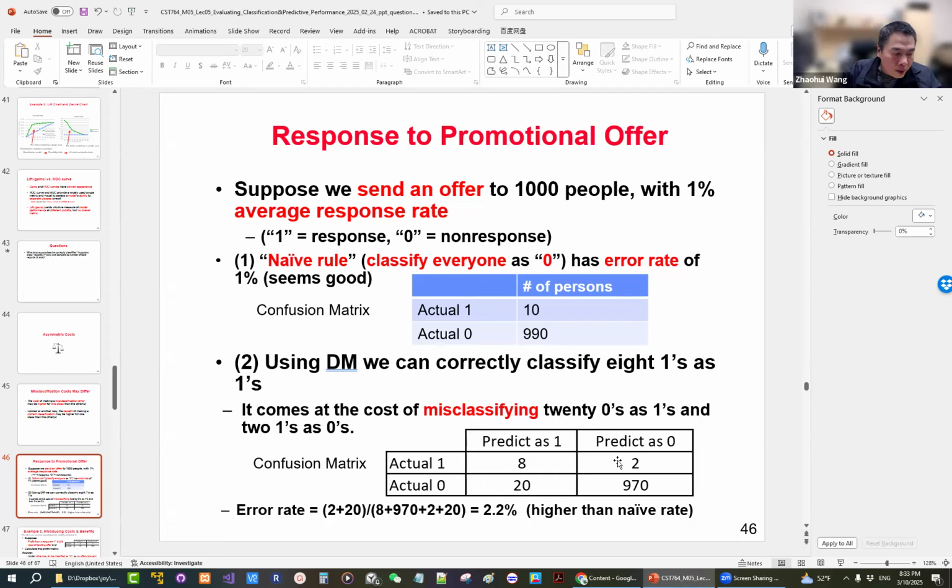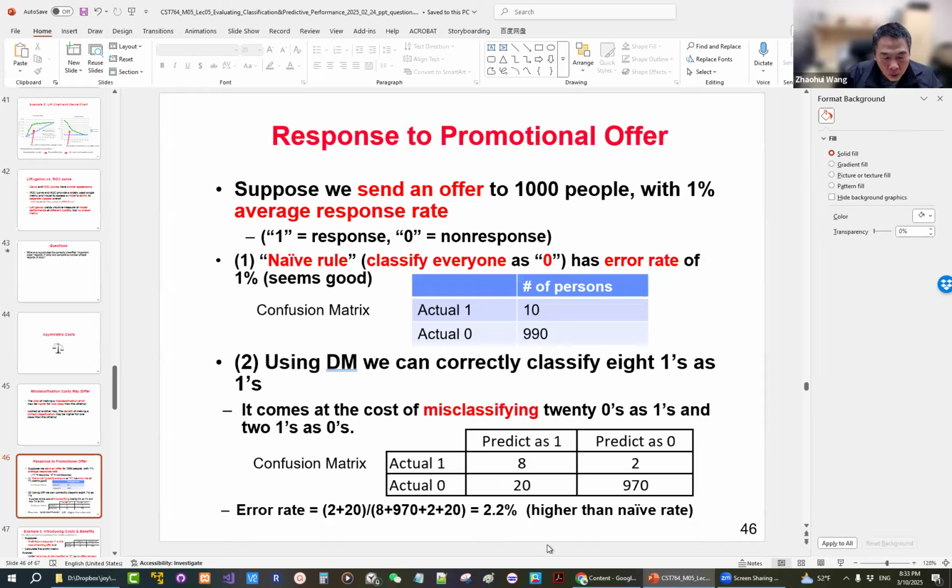From here, we can calculate the error rate. Error rate will be this one, the inverse diagonal: 20 plus 2, divided by all the values, will be 2.2%. Previously it was just 1% for the error rate.